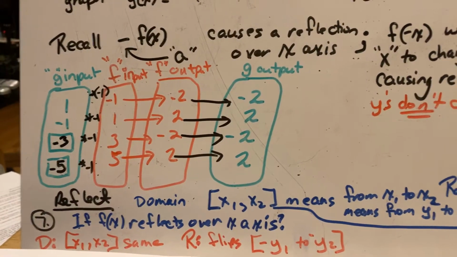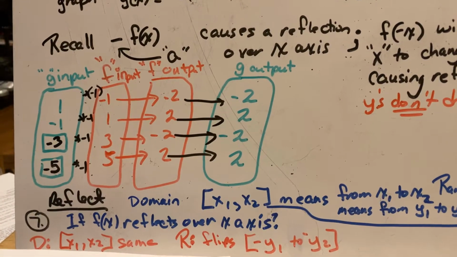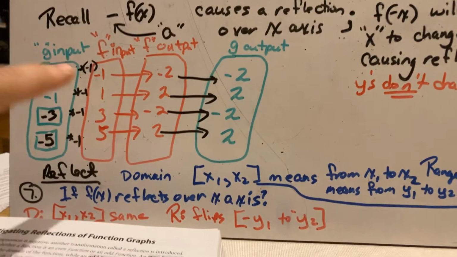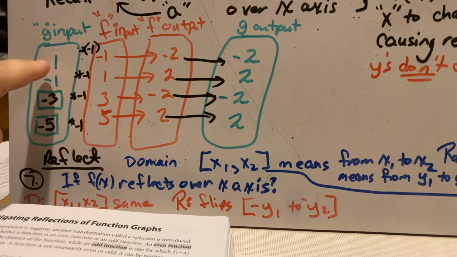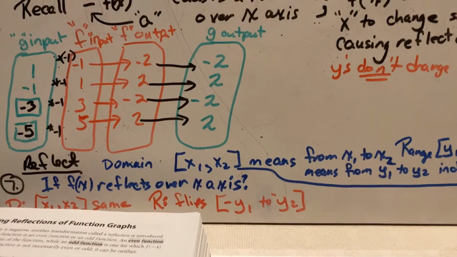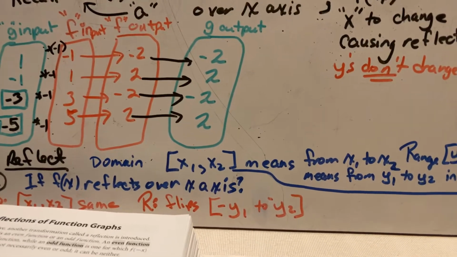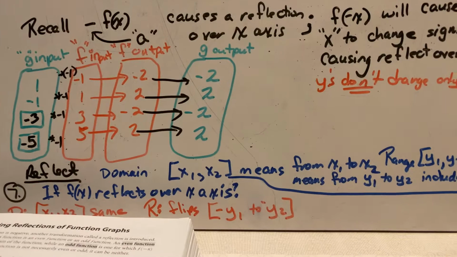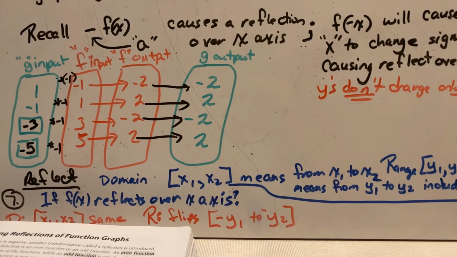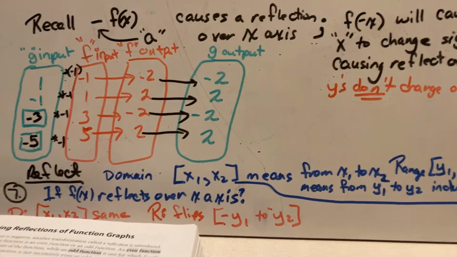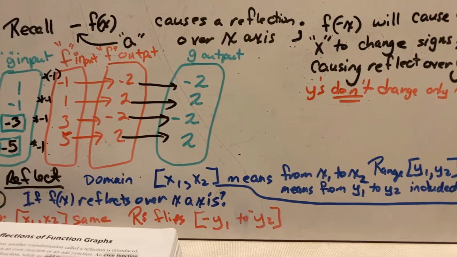What's the relationship between g's input and f's input? They are inverses of each other. So if f is -1, multiplying by -1 would give me 1. Each of those is the inverse of the other, so 1 becomes -1, 3 becomes -3, and 5 becomes -5. Again, this is going to cause a reflection over the y-axis.